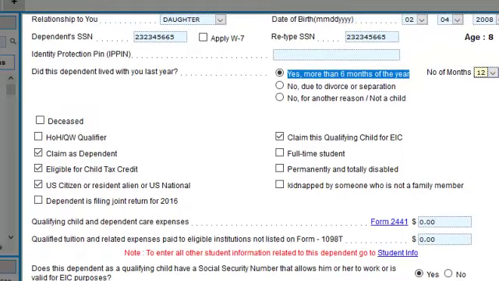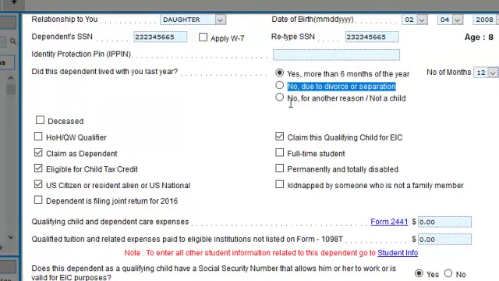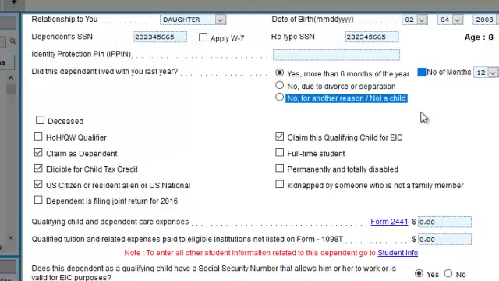And as we continue, we make sure we read everything again. No due to divorce or separation. No for another reason for the child. No. Yes, she has lived there 6 weeks. If the child deceased or kidnapped, that would go here.